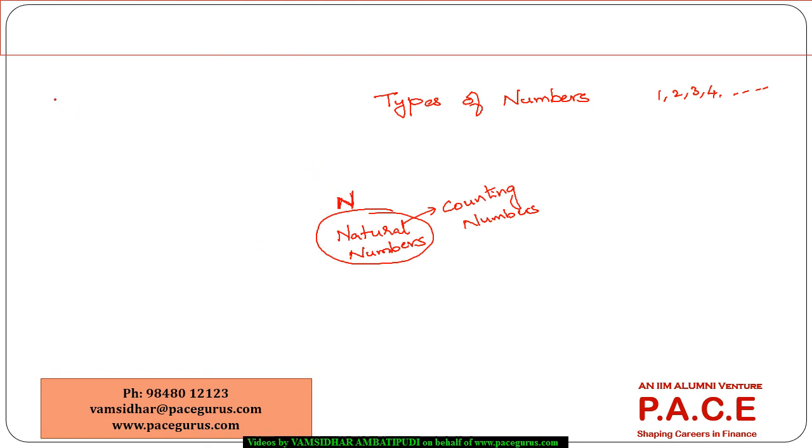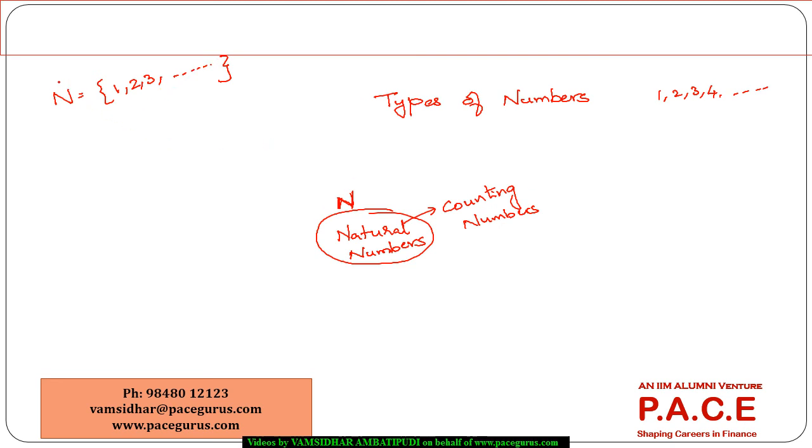And if I want to write out the set of natural numbers, I'll put that within braces, a flower bracket. I'll write 1, comma 2, comma 3, a few of them, and I'll put dot dot dot, which says that the list continues in this pattern.